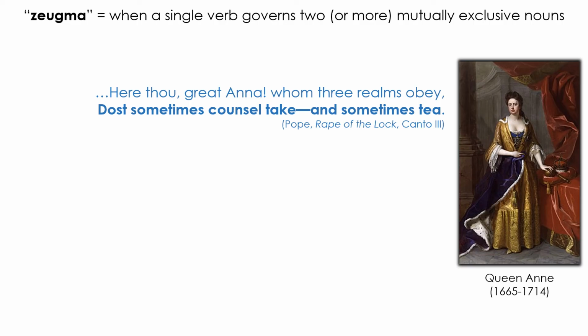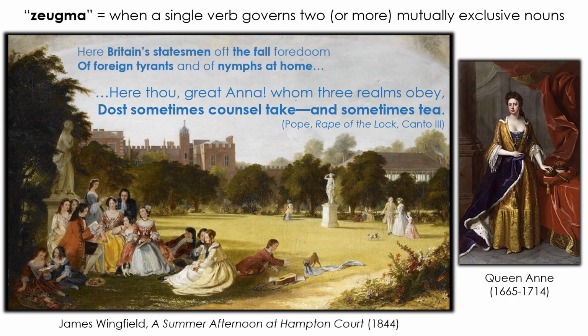And the place here is Hampton Court Palace, which is a royal but working palace. So it's both a place of work and a place of residence for the royal family. And this painting is by James Wingfield, A Summer Afternoon at Hampton Court.